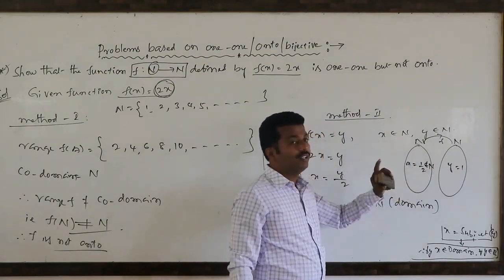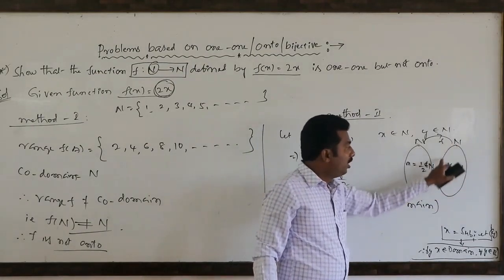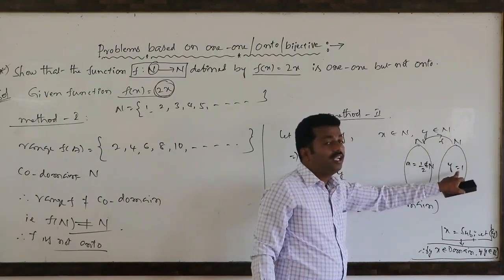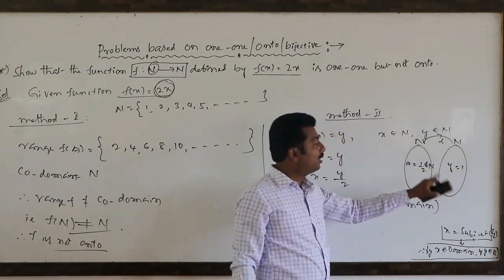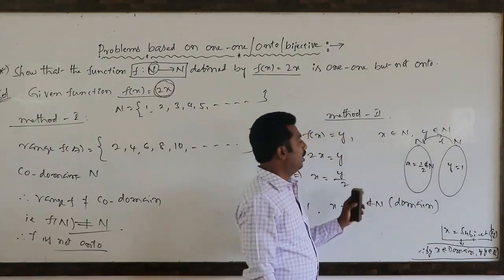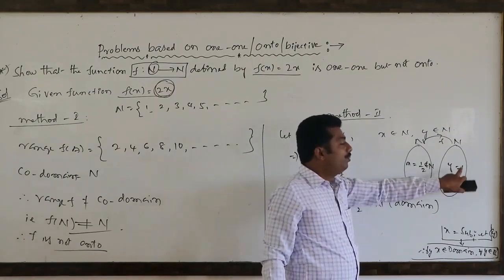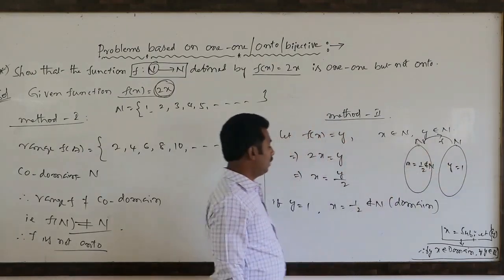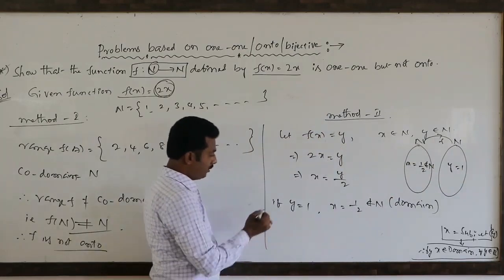What is the onto definition? Every element of codomain has at least one pre-image. So if it has no pre-image, that is not an onto function. So how to write?